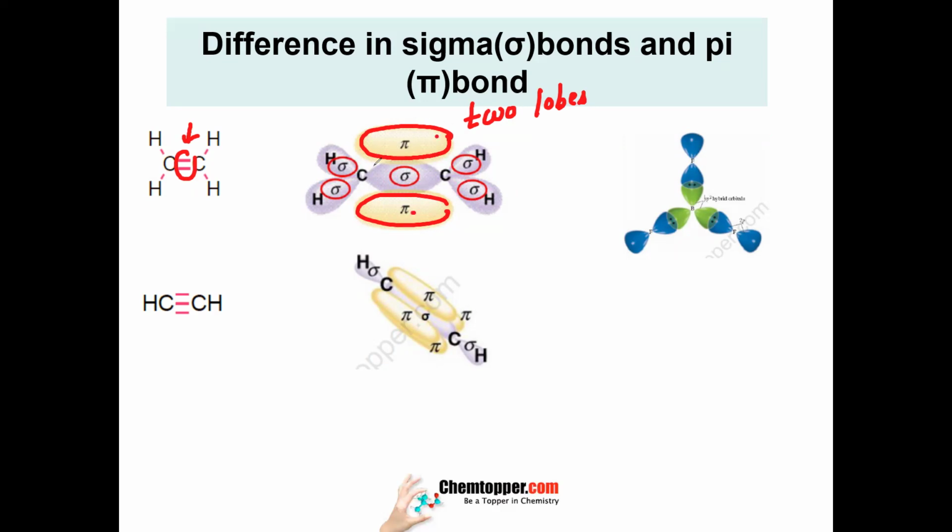In the orbital picture, they are overlapping like this. This is one p orbital, this is another p orbital. So these are overlapping. One lobe is this, and one lobe is at the bottom, but actually it is one pi bond. And this is the sigma bond.